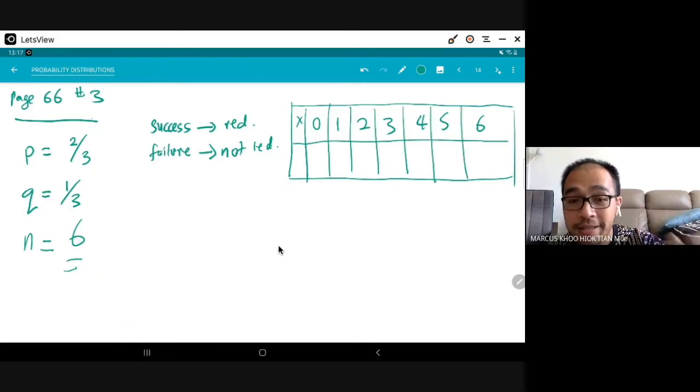I will have to count 7 kebarangkalian lah. So 0, 1, 2, 3, 4, 5, 6 ini semua adalah r yang berlainan. Alright, so I'm going to assign different people to calculate this, except that I'm just going to show you the 0 lah.